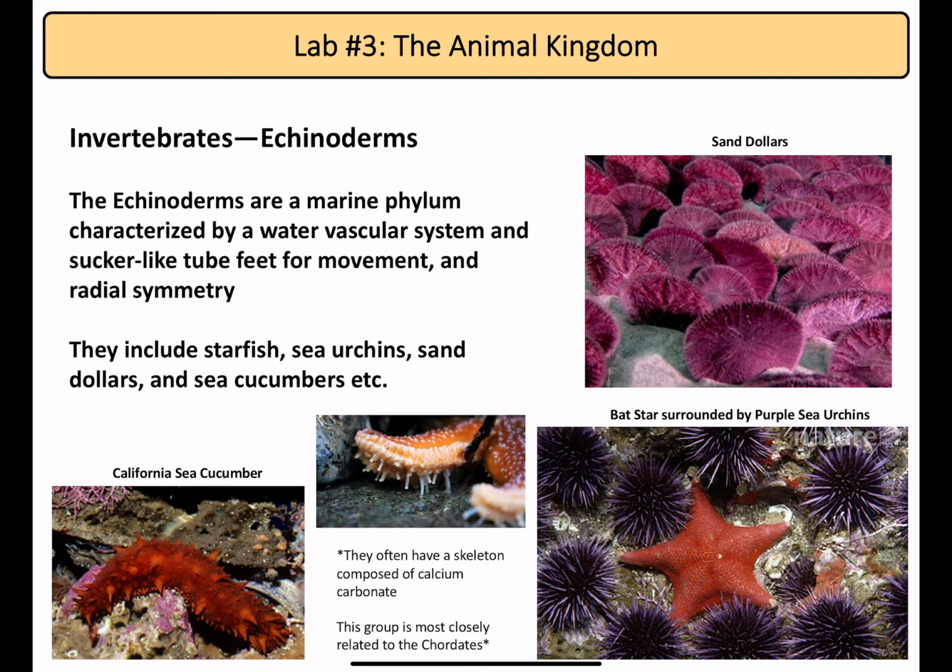They also have radial symmetry. The sea star has a unique form of radial symmetry called pentaradial symmetry, where there's actually 5 planes of symmetry.